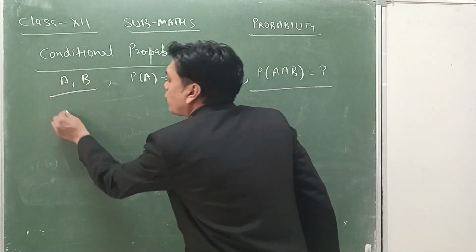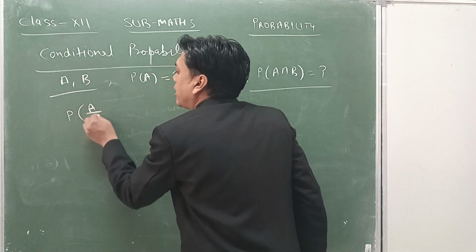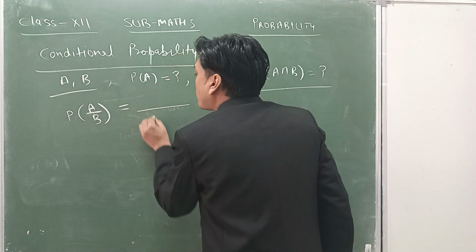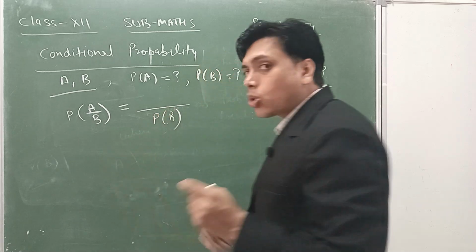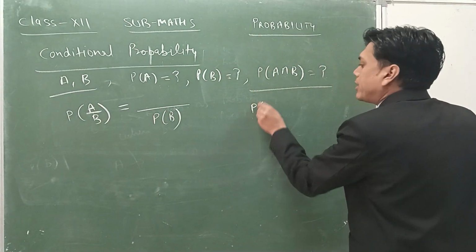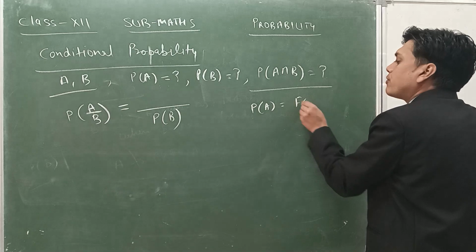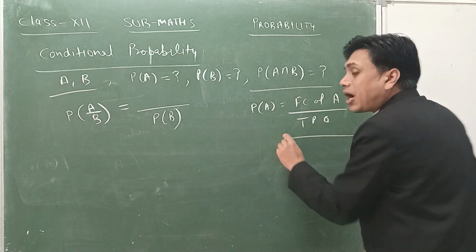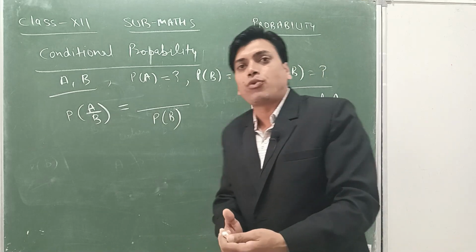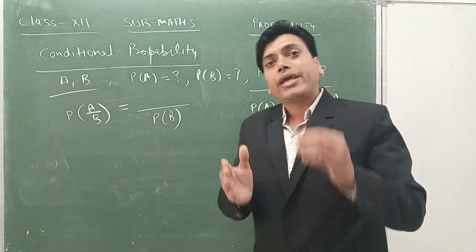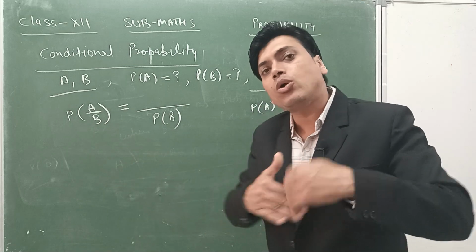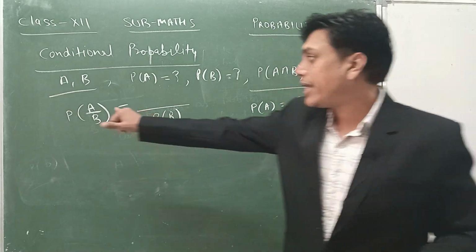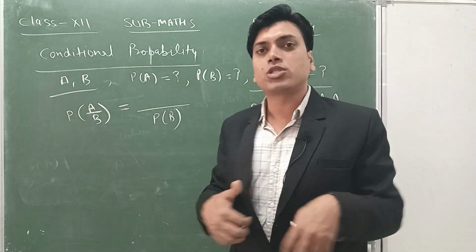Suppose I want to find out the probability of A given B, so it means B is there. Suppose we are finding out the probability of A, then it is favorable cases of A divided by total possible outcomes. But now, as I told you just 2 minutes before, B has already occurred. So A will not come out of the total possible outcomes.